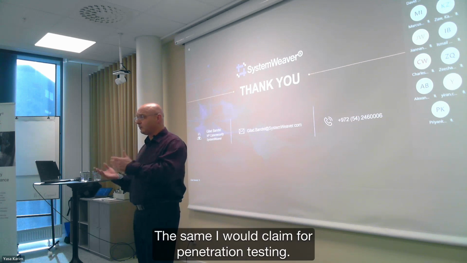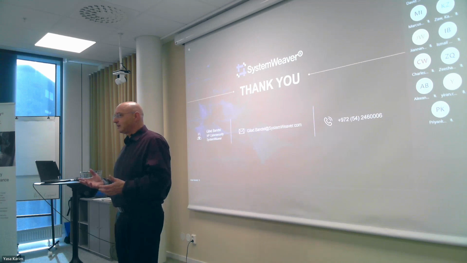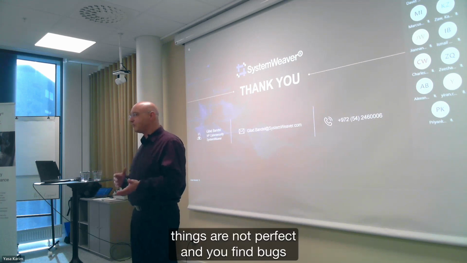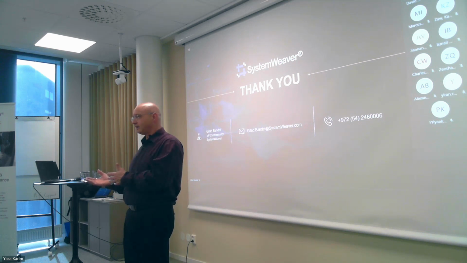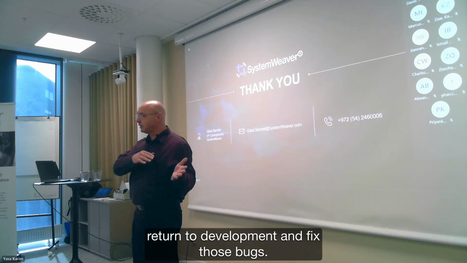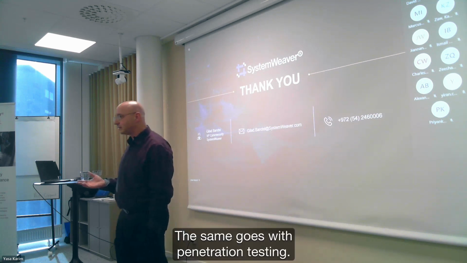The same I would claim for penetration testing. Now, I understand that in the wild, things are not perfect. And you find bugs at that phase. And you need to take into account that you need to return to development and fix those bugs. The same goes with penetration testing.